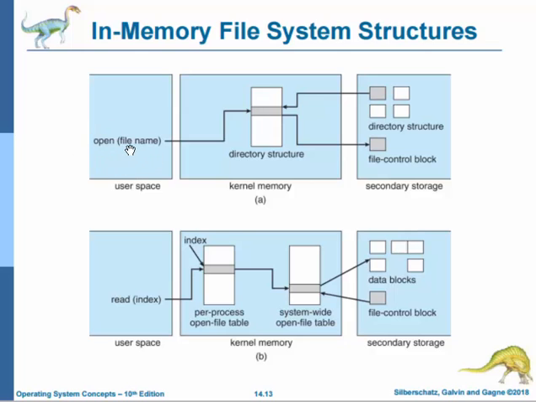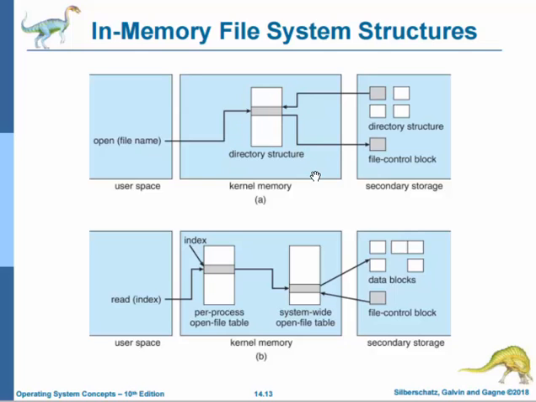The open system call passes a file name to the logical file system, and first searches the system-wide open file table to see if the file is already in use by another process. If it is, a per-process open file table entry is created pointing to the existing system-wide open file table entry. This algorithm can save substantial overhead.